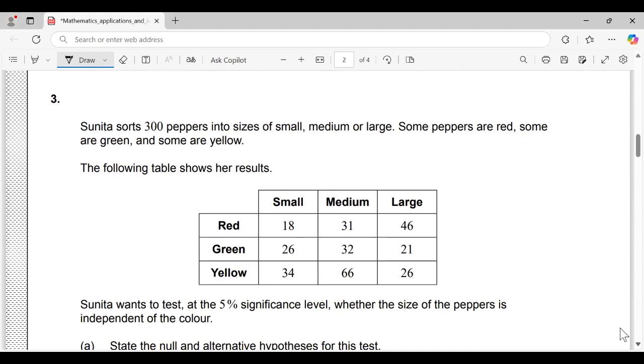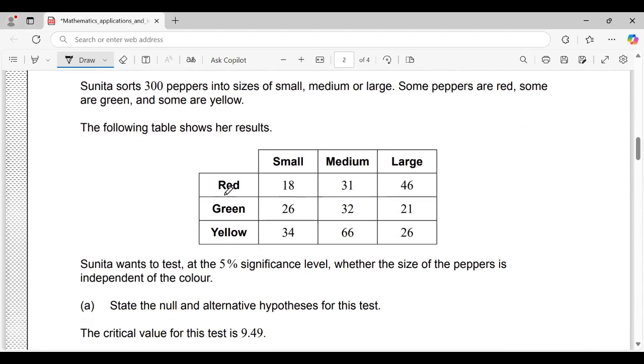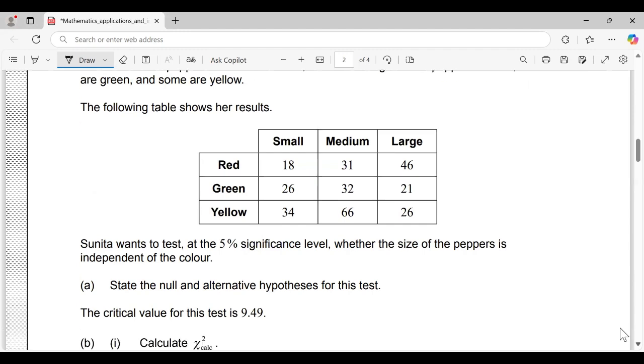So there are 3 sizes of paper: small, medium, large, and 3 colors: red, green, and yellow. Sunita wants to test at the 5% significance level whether the size of the papers is independent of the color. State the null and the alternative hypothesis for this test.